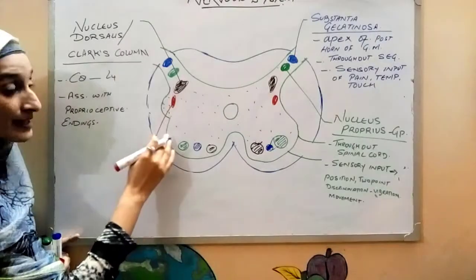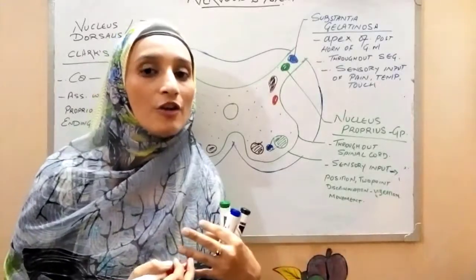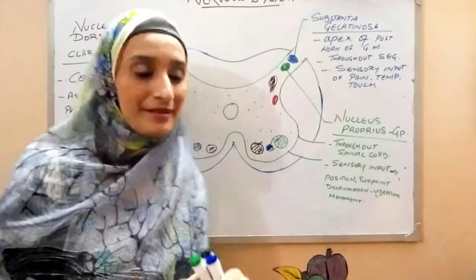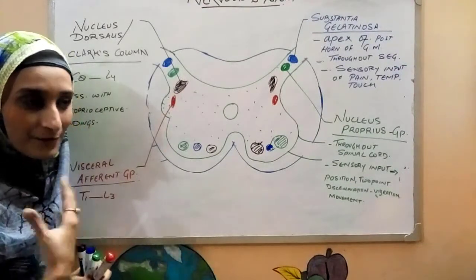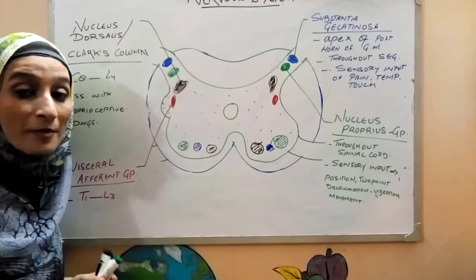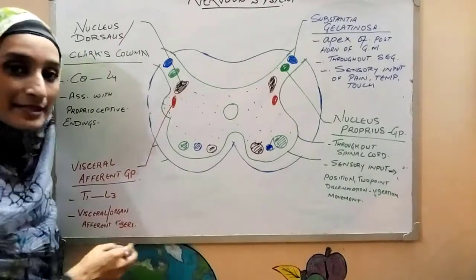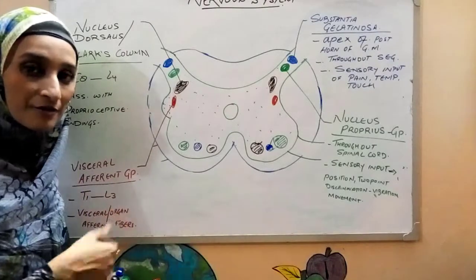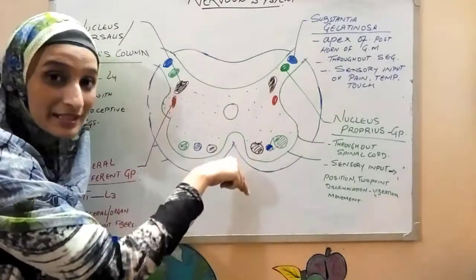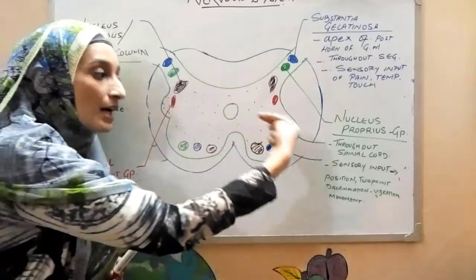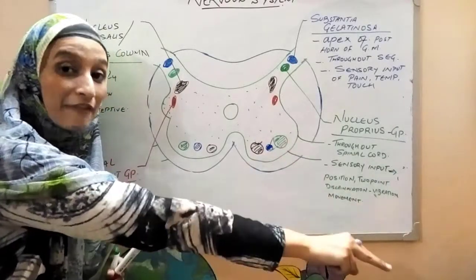Last but not least, we have the visceral afferent group, which lies at the level of T1 to L3 segments, and they receive the afferent fibers from the organs of the body. Remember, the anterior horn is associated with motor activity, so they receive fibers from the central nervous system, from the brain, and the axons arising from these nerve cells take the response towards the effectors.